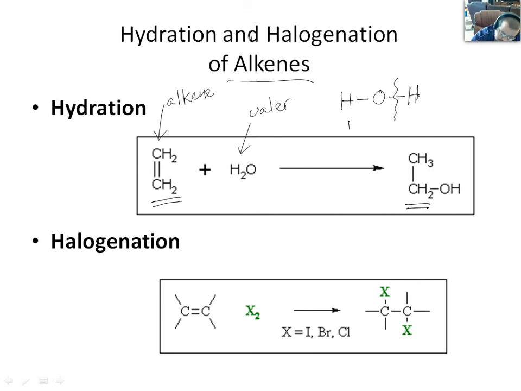I split it into an OH and I split it into an H. Now on the alkene, where I started out with a double bond, we're going to take away that double bond.